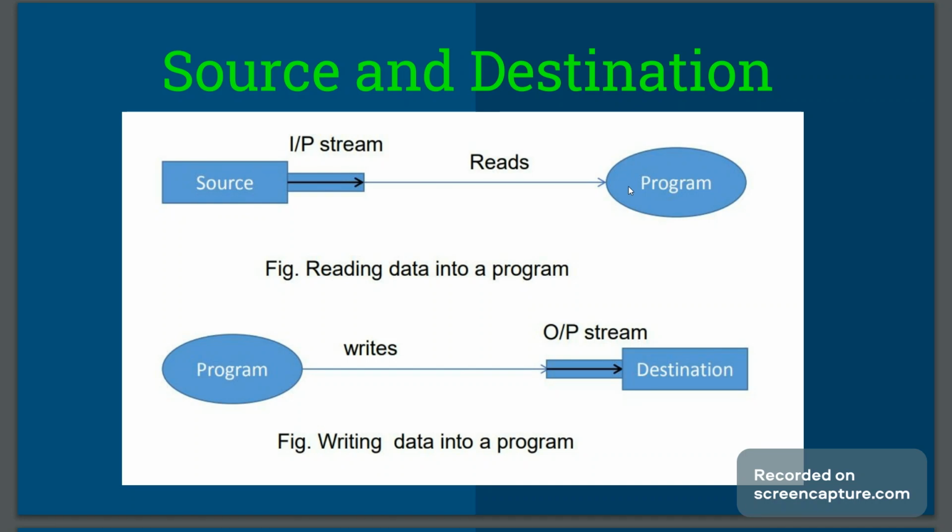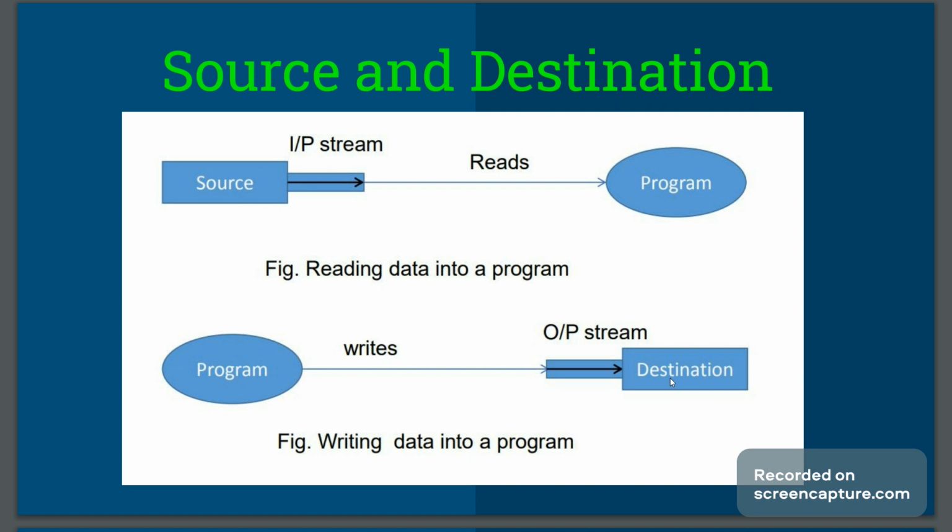When our Java program is writing data, or putting out or displaying data, we need to create an output stream that will connect to the destination, and the destination can be our screen, printer, a file, network, memory, disk, etc. So according to the direction of data flow, there are two types of stream: input stream and output stream.